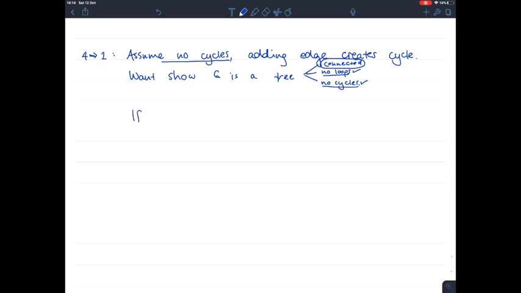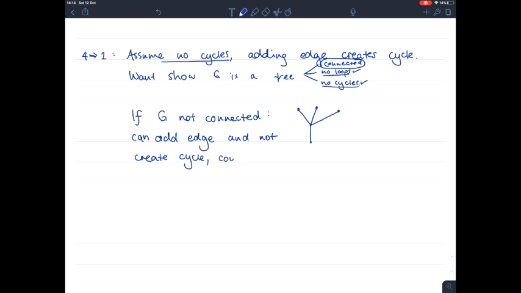So let's think about it. If the graph was not connected, so for example we had something like this, then adding an edge from here to here would not result in a cycle, and therefore 4 wouldn't be true. So if G is not connected, we can add an edge and not create a cycle, which contradicts 4.